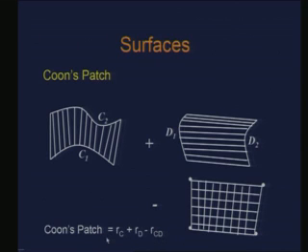So, the Coons patch is due to Coons, that is why it is called Coons' patch, is the resulting surface which interpolates the four boundary curves and which is obtained as the sum of the ruled surfaces R c and R d minus the bilinear surface.